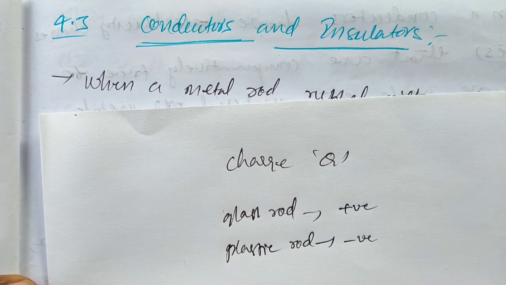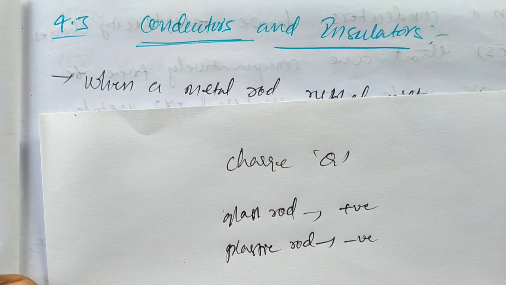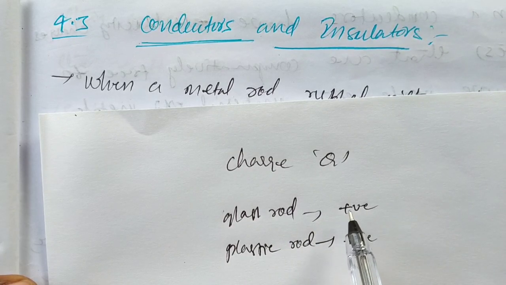Charging is formed when some materials are rubbed with another material. Suppose a glass rod is rubbed with silk or wool, the glass rod gets positively charged carriers. If a plastic rod is rubbed with silk or wool, the plastic rod gets negatively charged.